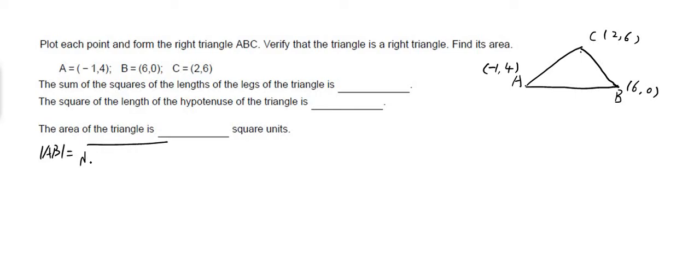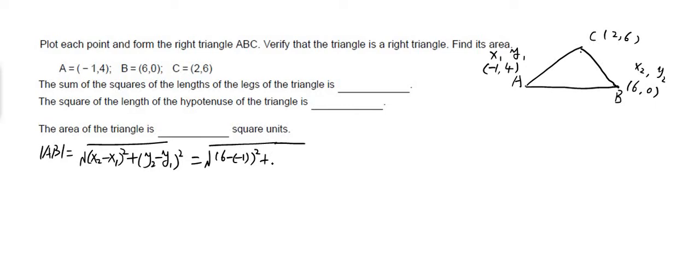We can follow the distance formula: the square root of x2 minus x1 squared plus y2 minus y1 squared. If I assume A is x1, y1, then B should be x2, y2. x2 equals 6, y2 equals 0. Now we plug in: x2, 6, minus -1, squared, plus y2, which is 0, minus 4, squared.